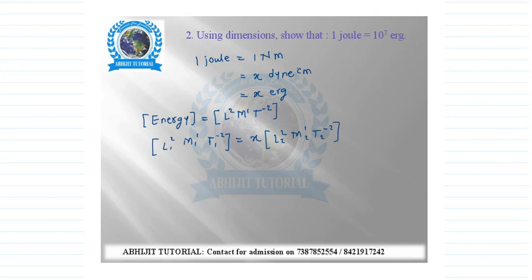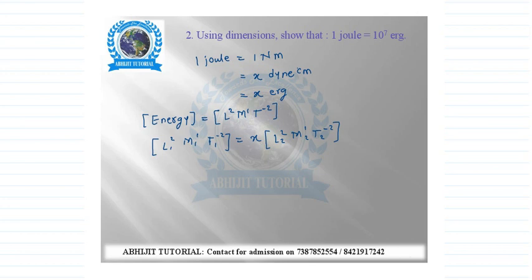Here suffix 1 on the left-hand side and 2 on the right-hand side indicate the dimensions in SI and CGS units respectively.